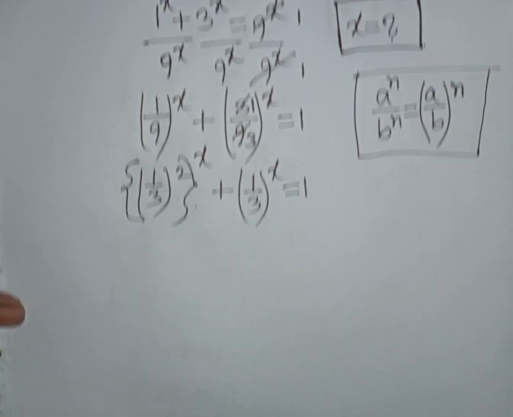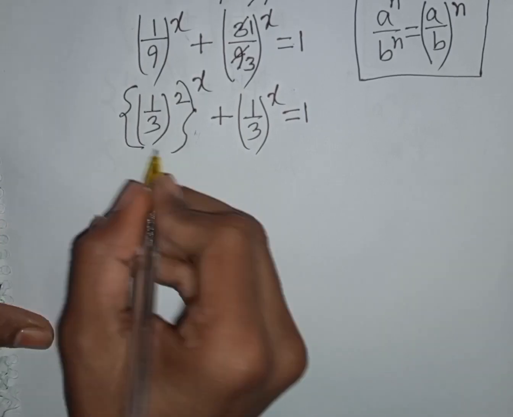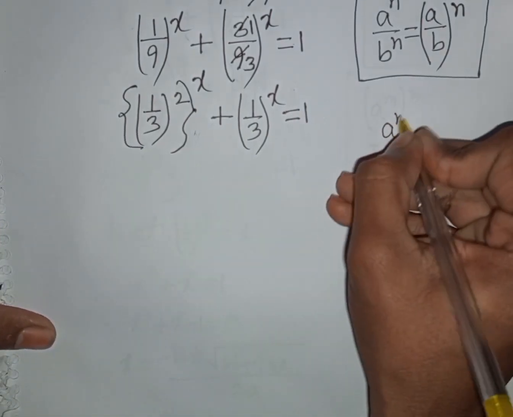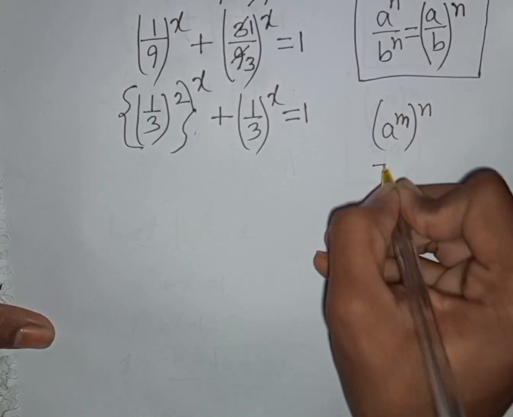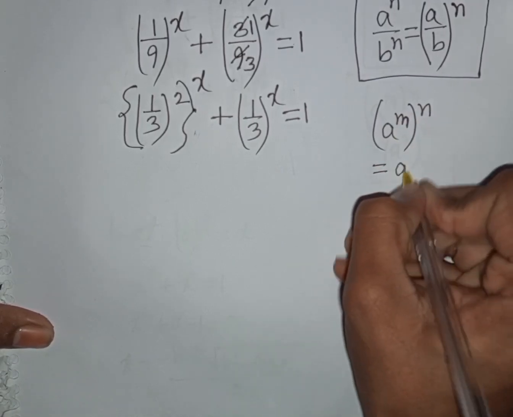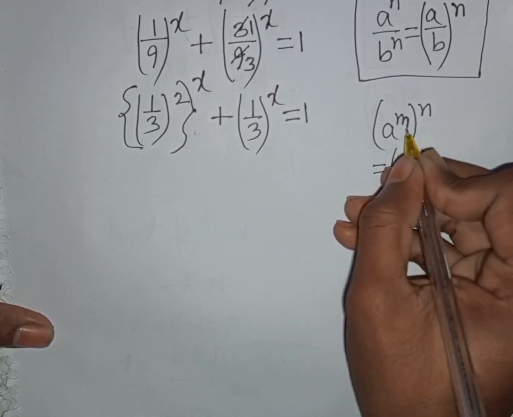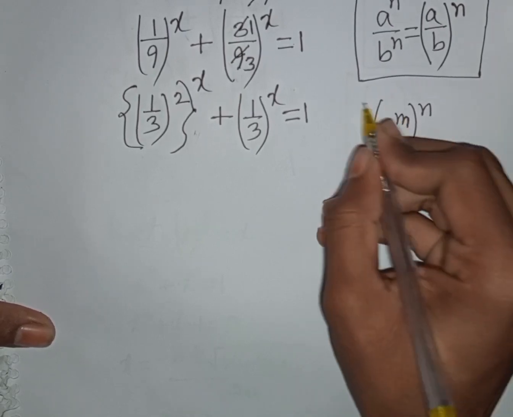Now here you can apply the exponential rule (a^m)^n = (a^n)^m.